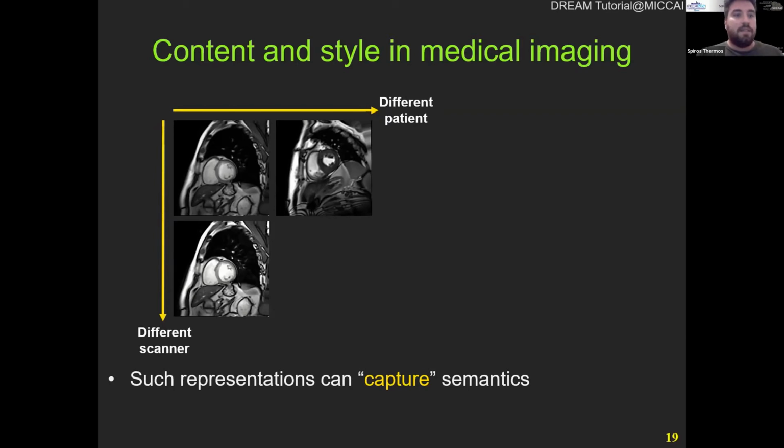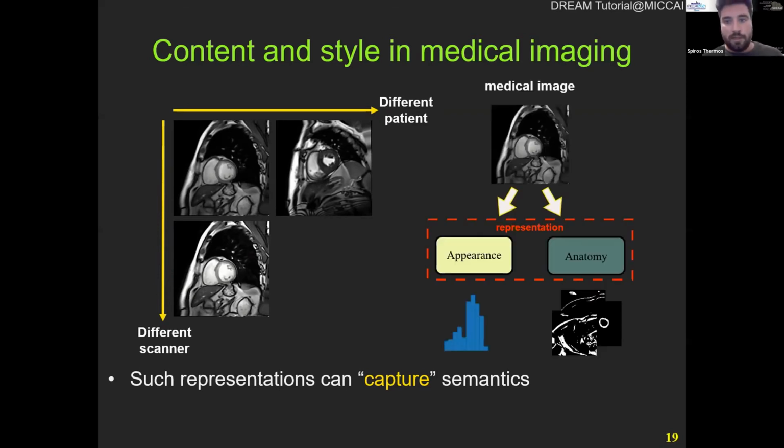What can be different is the scanner, the acquisition scanner, or what can be different is the anatomy, so a different patient. So we want to do a one-to-one mapping. As content, we use the anatomy, and we use the appearance of the imaging modality as style. So both representations capture some semantics, and they're useful for several imaging tasks in this domain.